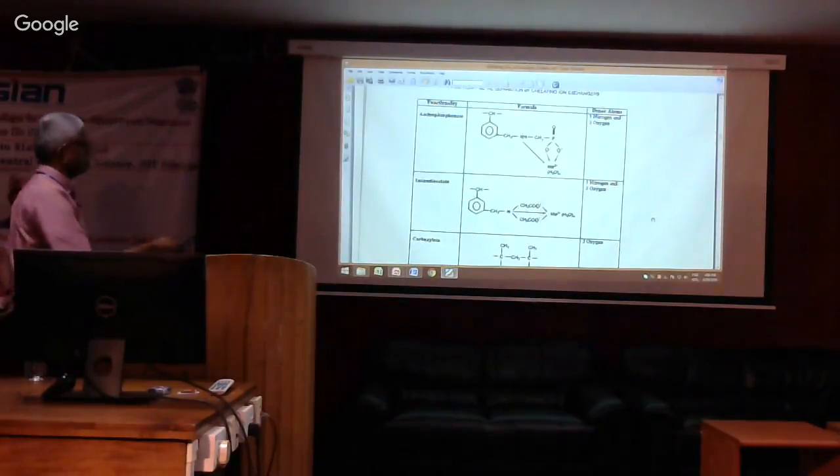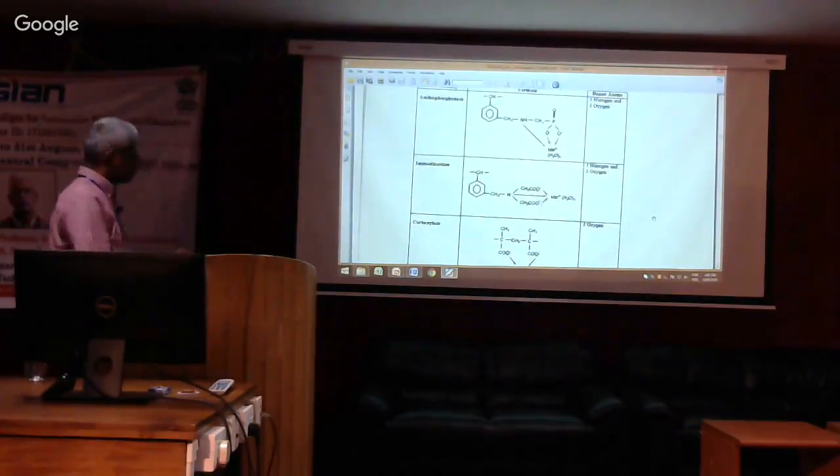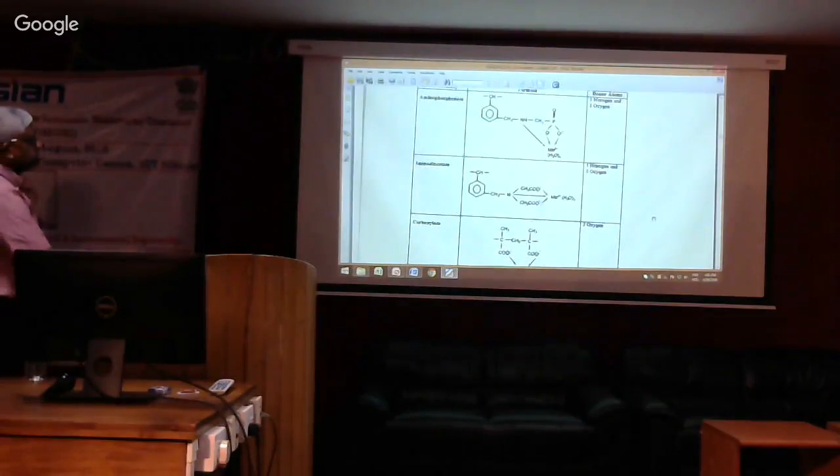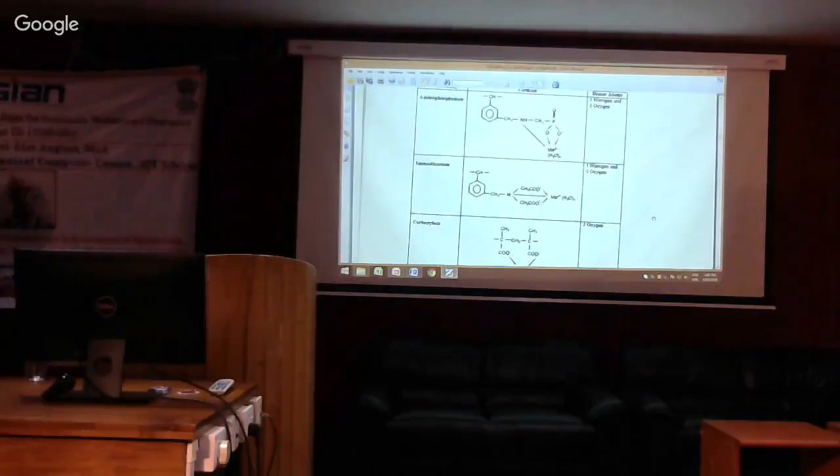So in the case of aminophosphonate, one oxygen, two oxygen, one nitrogen. In the case of aminodiacetate, one oxygen, two oxygen, and nitrogen. But you see that these two, this nitrogen and this nitrogen, even though it's a nitrogen, in terms of steric hindrance, you can see that this will be more difficult to form this bond than this bond, right?